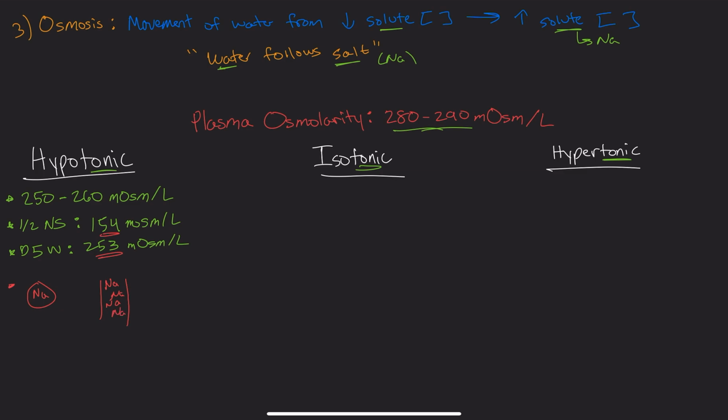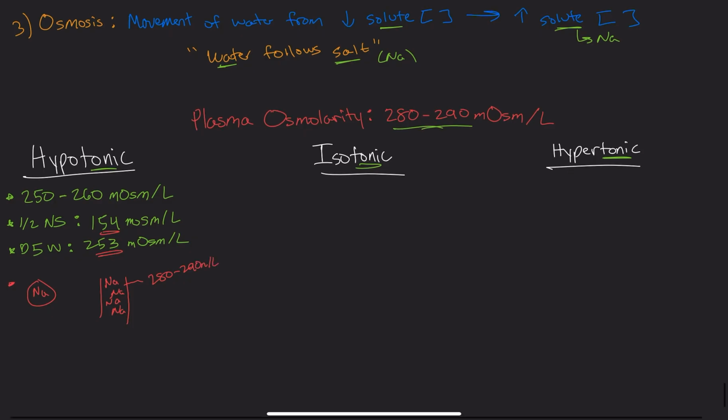When you're giving a hypotonic fluid, you're giving a fluid that has a lower osmolarity than what's already present in the plasma, right? So let's say we're giving D5W, 253. We know that the value inside the blood vessel is already about 280 to 290, right?